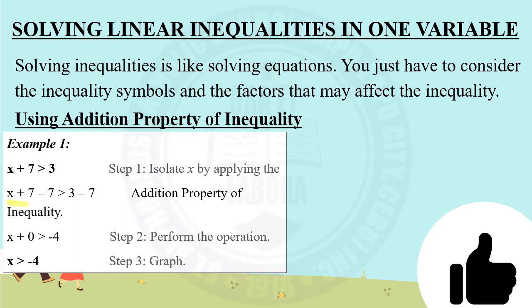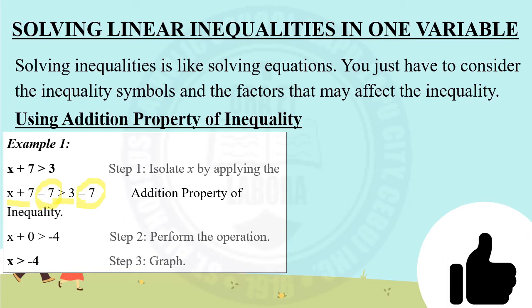So x plus 7 greater than 3. In the addition property, from the time you isolate x, you need to subtract 7 so that x will remain. When you subtract 7 from the left side, you will also subtract 7 from the right side.